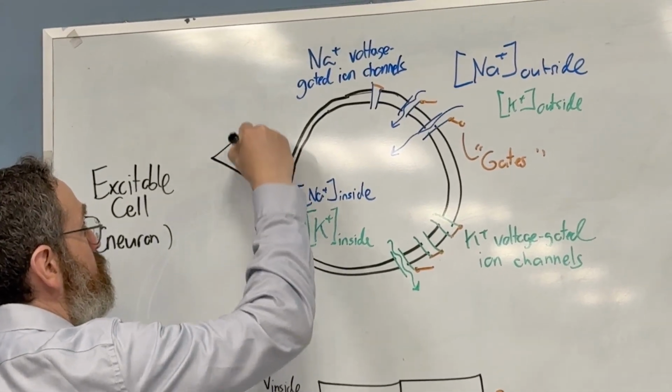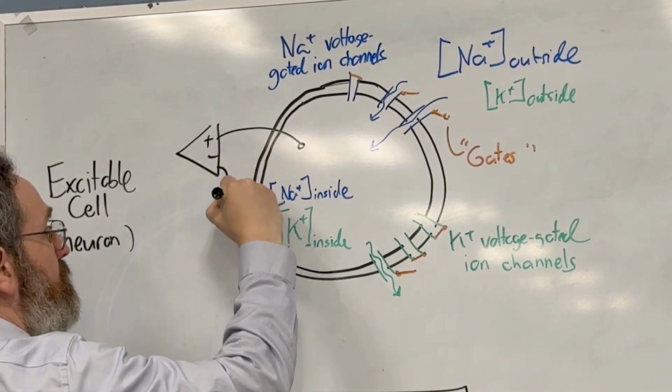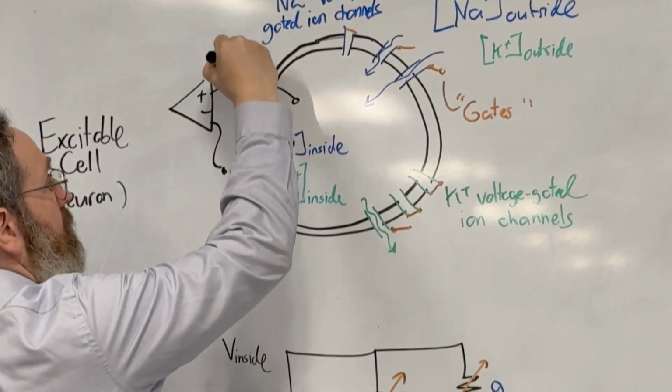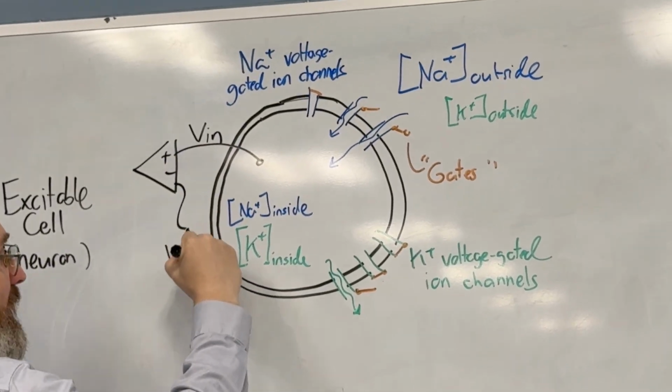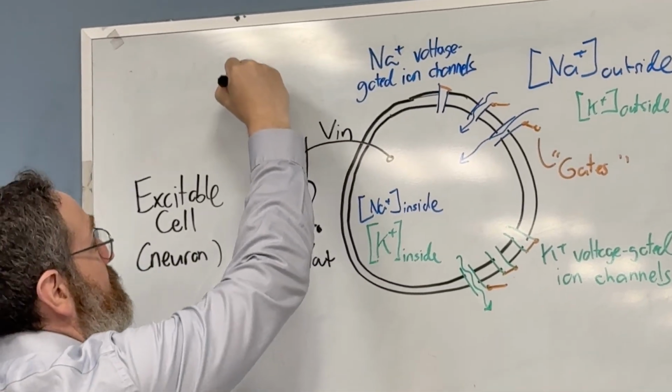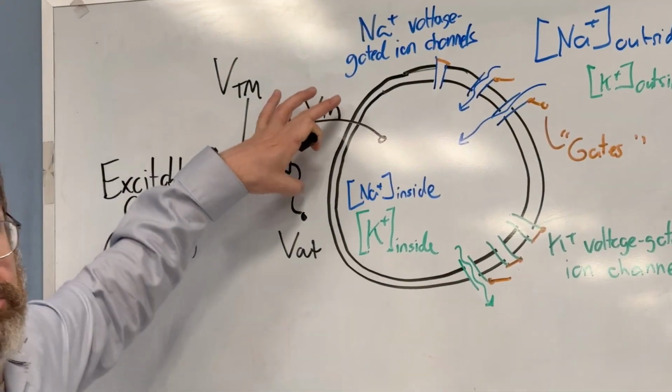So when we look at the transmembrane potential, we are measuring the voltage. Here we have our voltage inside. Here we have our voltage outside. And this is going to be our V transmembrane potential, right? So we're measuring a voltage across it.